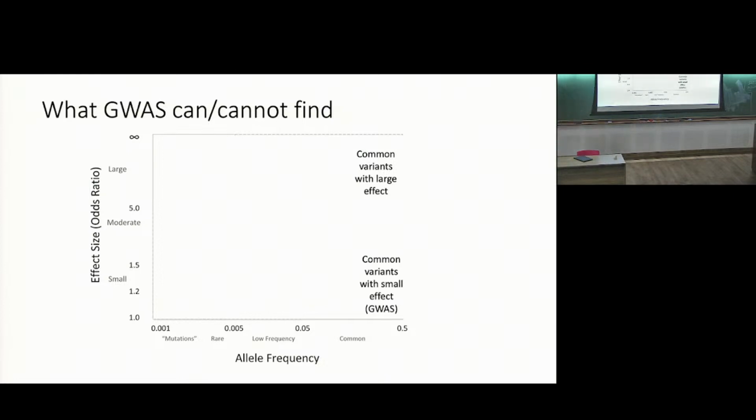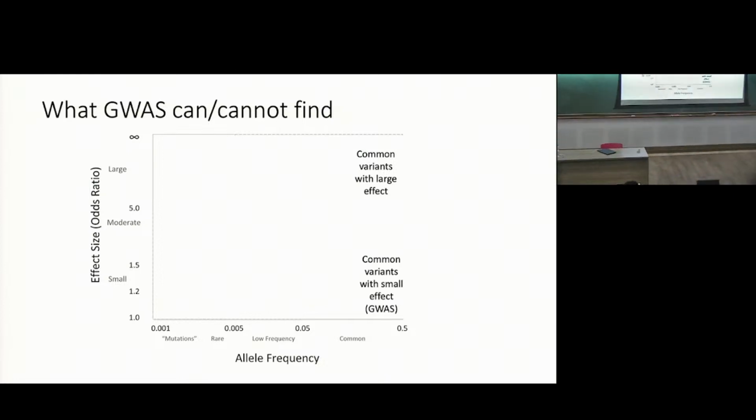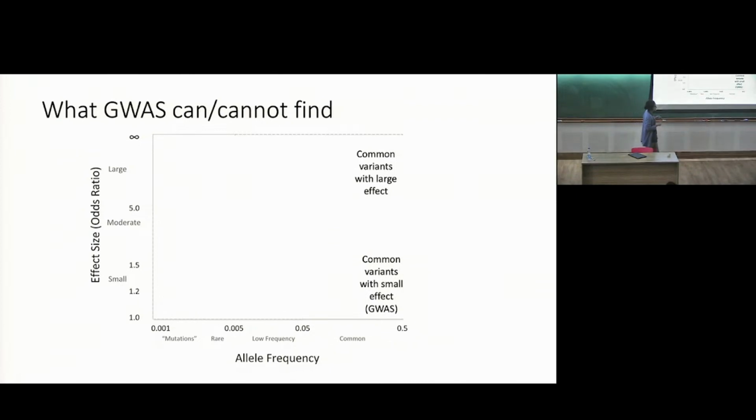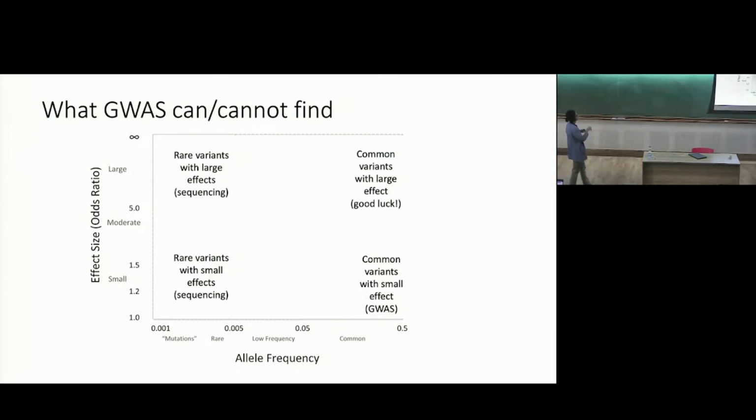Okay, so what GWAS finds then is this quadrant of variants. Common variants, because that's what we test for, that's what we design those chips for, with small effects on disease, okay? Other kinds of studies end up finding sort of these rare class of variants, either with large effects or small effects, right? Rare variants with large effects are still helpful in family studies, right?